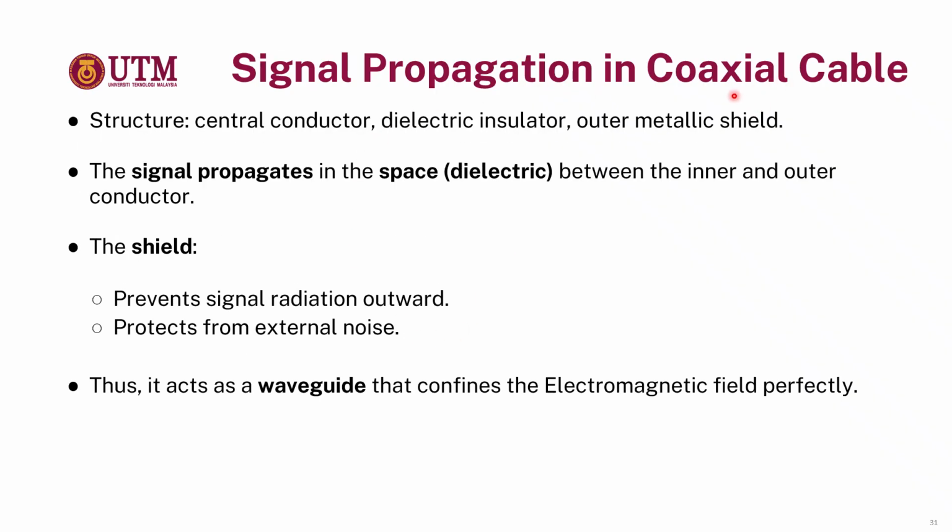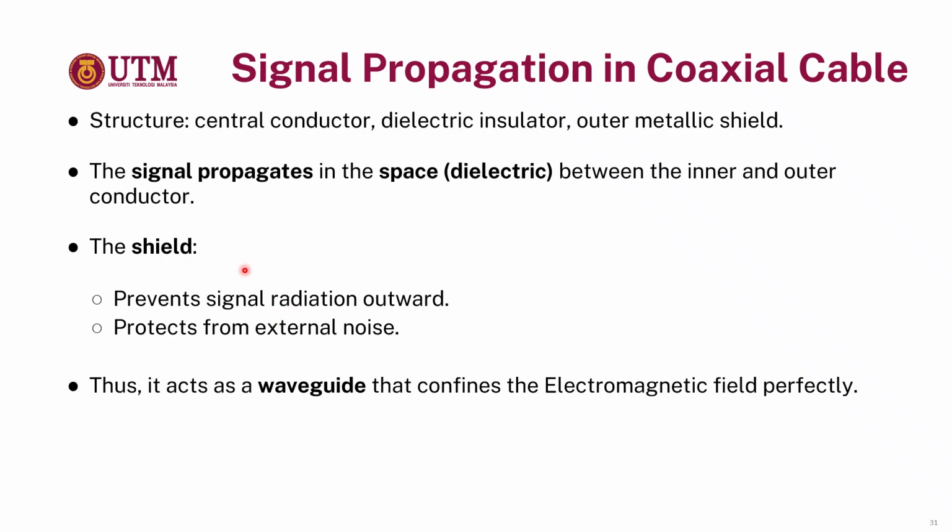Signal propagation in the coaxial cable structure: central conductor, dielectric insulator, outer metallic shield. This we have learned previously, right? The coaxial cable, everything is on the same axis, thus the name coaxial. The signals propagate in the dielectric space between the inner and the outer conductor. The shield prevents signal radiation towards the outer environment and also protects from external noise.